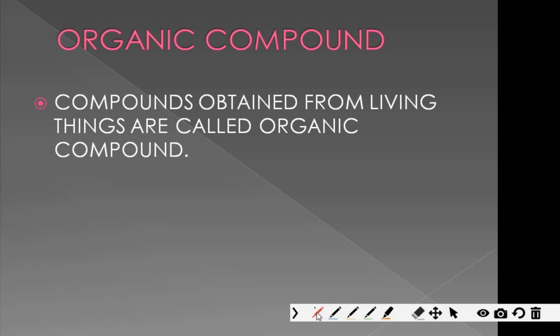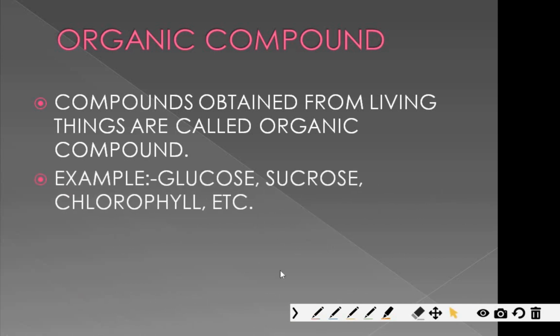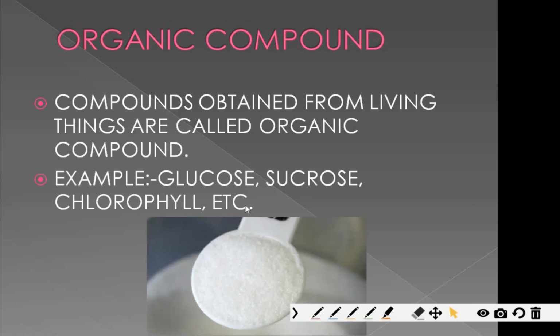In our body also several types of compounds are formed. Those are also called organic compounds. Okay, for example, I will show you some examples here. Glucose, sucrose, chlorophyll, etc.